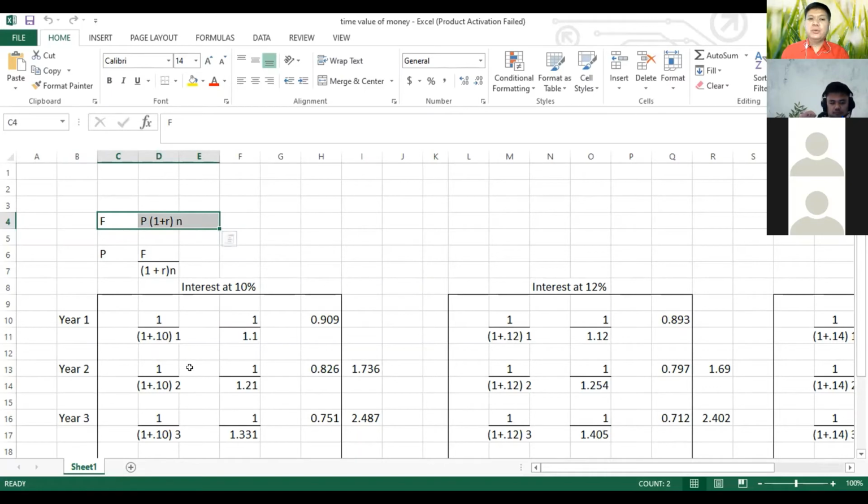Okay, so in year 1, what's the present value factor of 10% in 1 year? It will be 0.909. How computed? 1 over, following this, 1 plus 0.10 raised to the 1. So that's 1 over 1.10. You get 0.909. Okay, let's go to year 2.